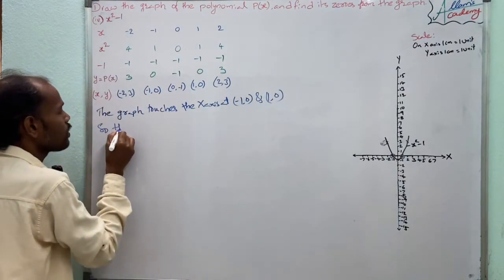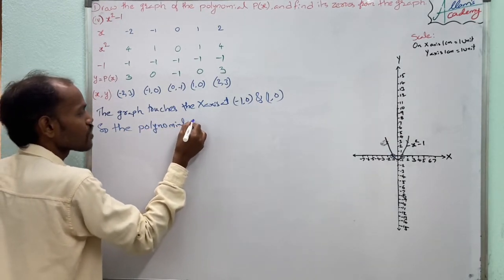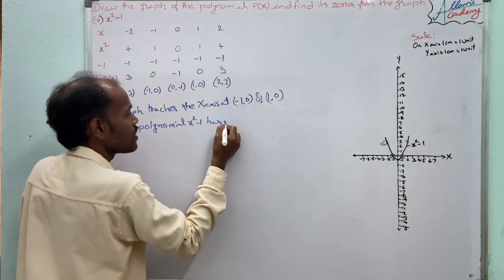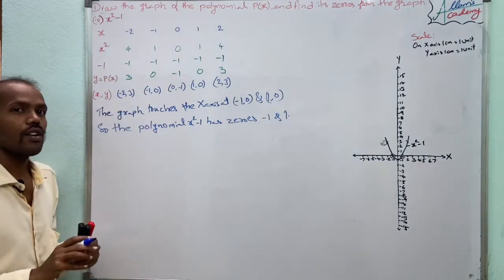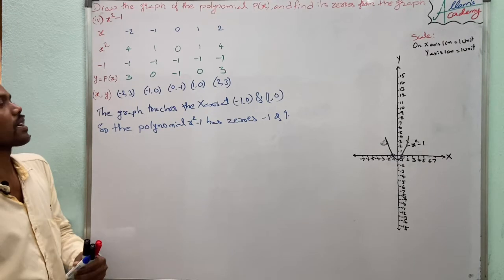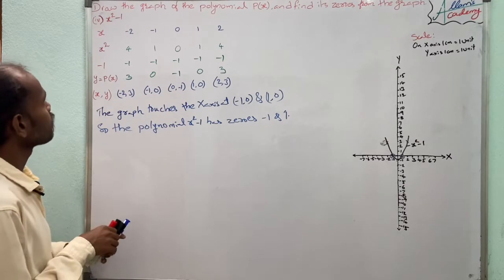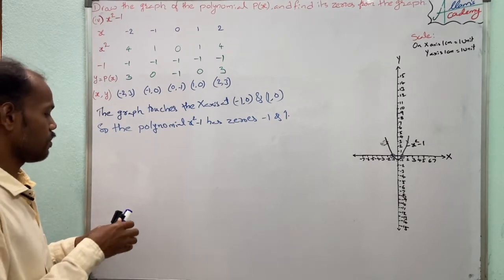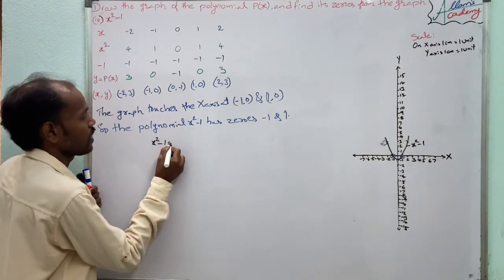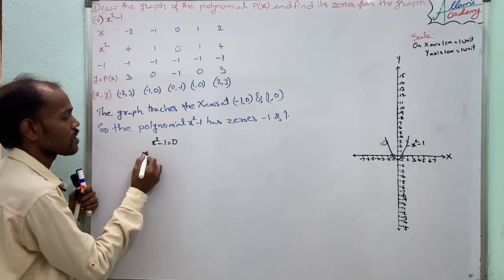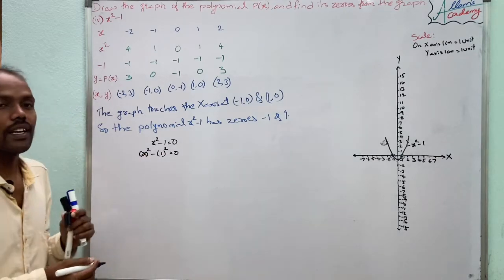So the polynomial x square minus 1 has zeros -1 and 1. Okay, now let us observe these points by using the factorization method. x square minus 1 equal to 0, where 1 we can write as 1 square, and x square is x square.